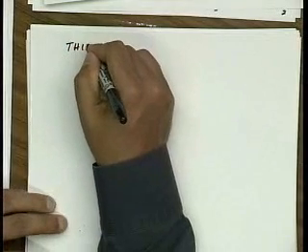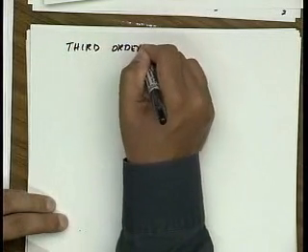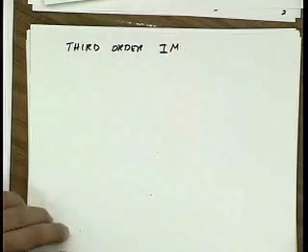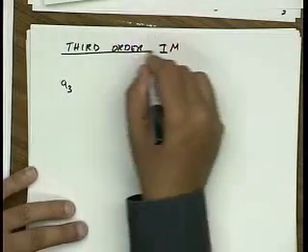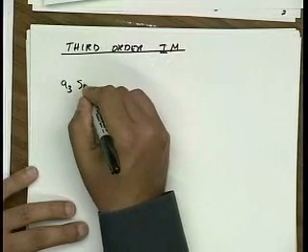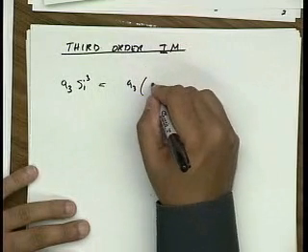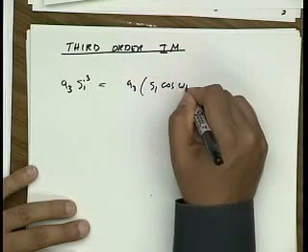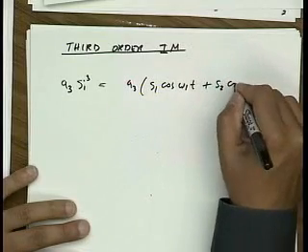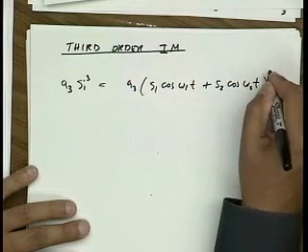Okay. Well, what's also very important, traditionally very important, still important, is cubic intermodulation, or third order intermodulation. So again, if we do that two-tone test, if we put in two tones and we look at the third power, we have S1 cosine omega 1t plus S2 cosine omega 2t, and we cube it.